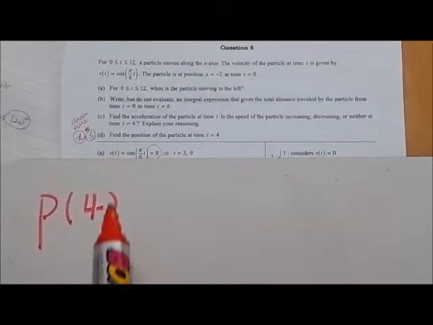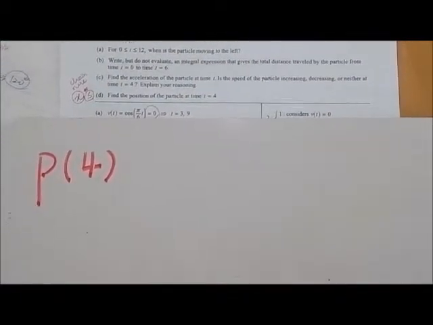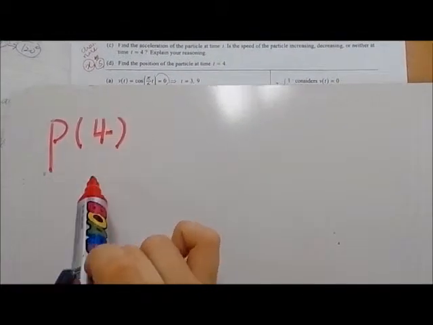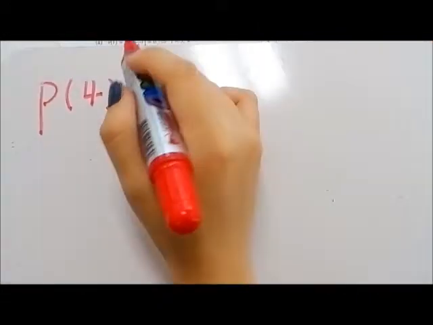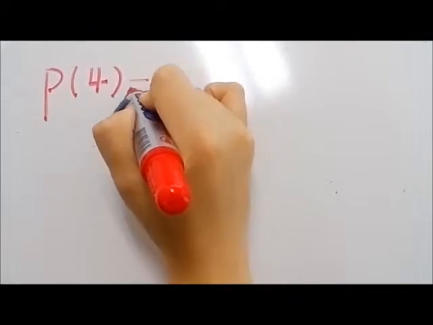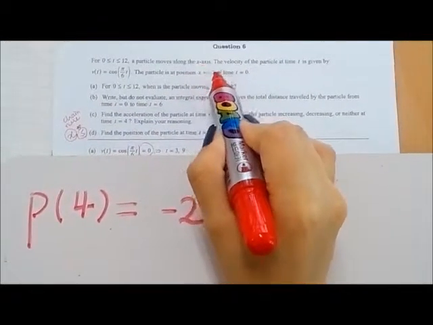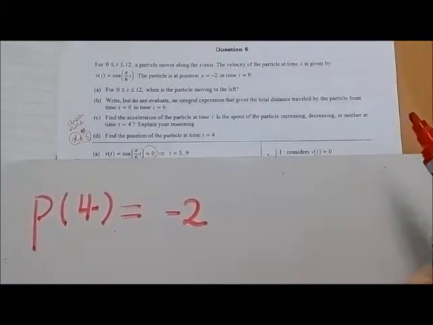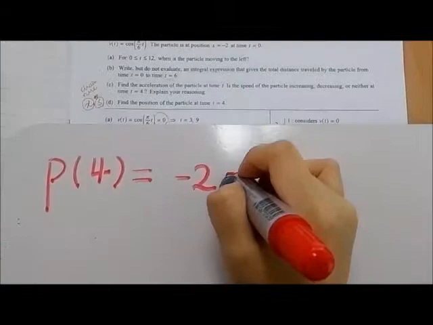D reads, find the position of the particle at time t equals 4. So what we're trying to find is the position of the particle when t equals 4, which would include negative 2, since we have the initial condition of x equals negative 2, the position of the particle when the time equals 0.